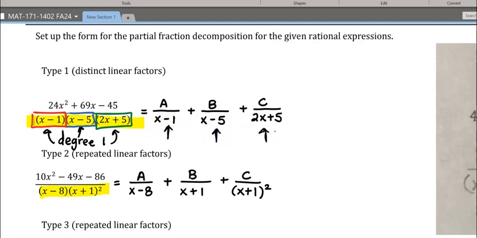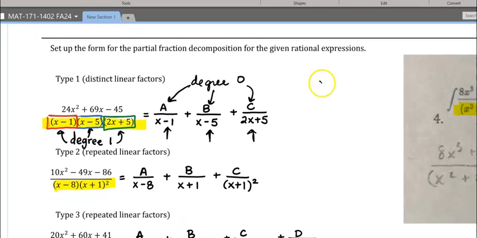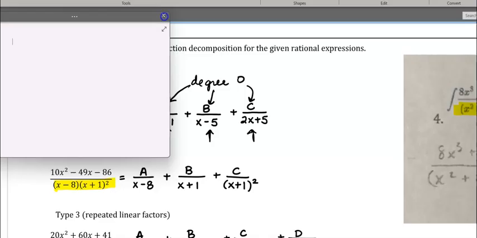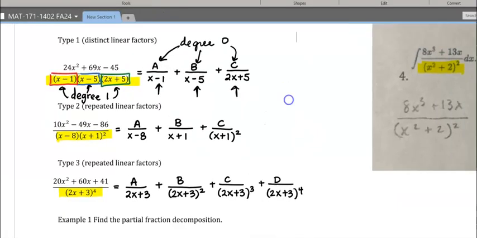And in the numerator, in front of all of those, I put something that has degree 0. Degree 0 just means constant, because degree tells you the power of x. If the power of x is 0, it's just 1, it's just a constant. So in the numerator, I put degree 0 things, just constant terms. And that's what we've been doing with these linear factors.